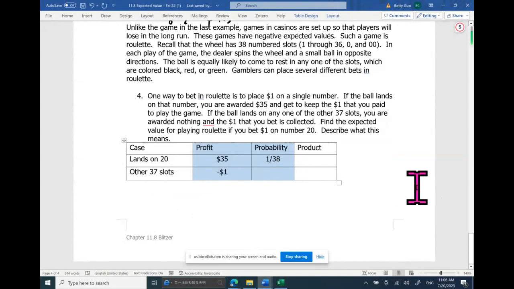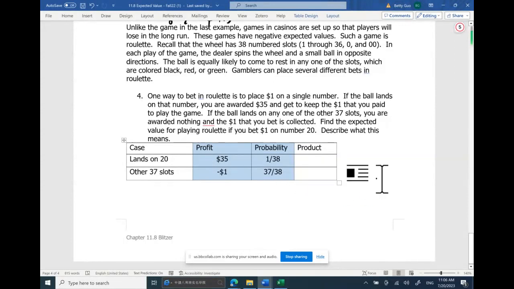And not landing on 20, on the other 37 slots, is 37/38. Again, you see the probabilities in the second column in the probability distribution must add up to 1. I hope you remember that, and that could help you to correctly fill in the table.